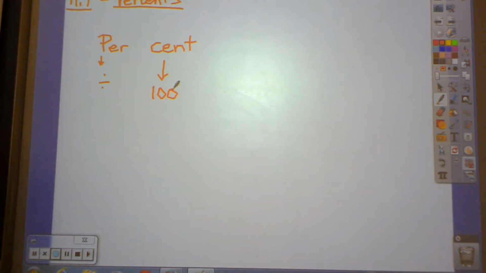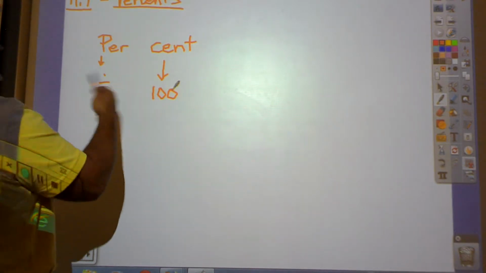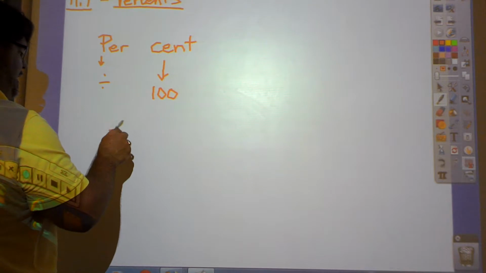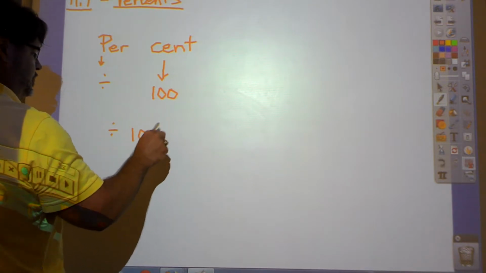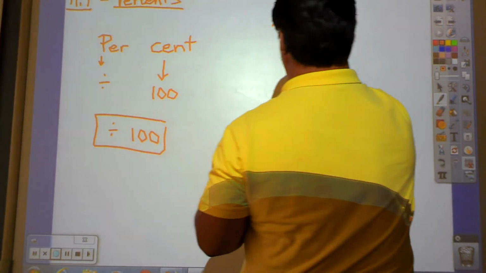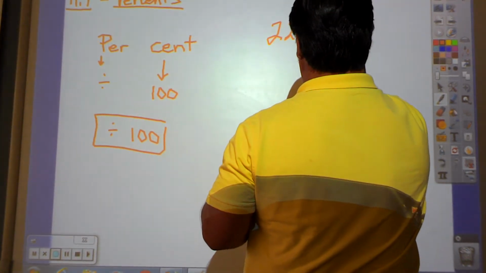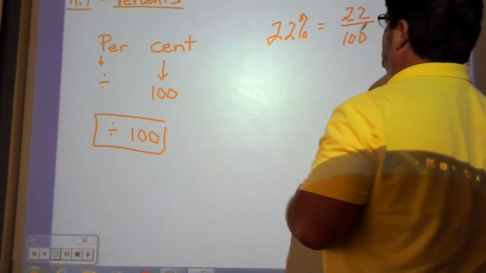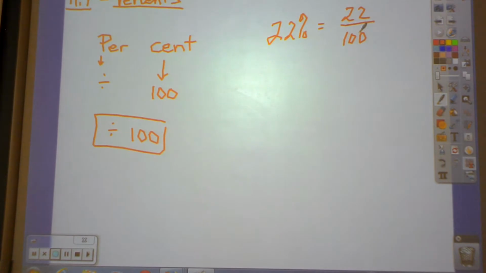So, if you were to take percent and put it into words, it's divide by 100. That's what percent means. So, if you want to take 22% of something, that's basically 22 over what? 100. 22% equals 22 over 100.